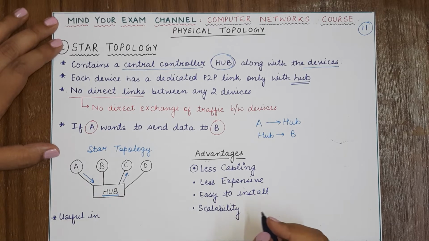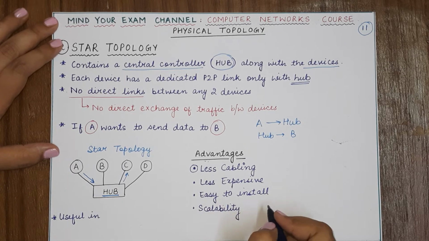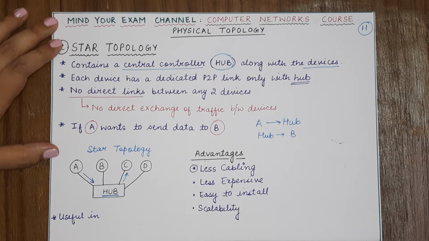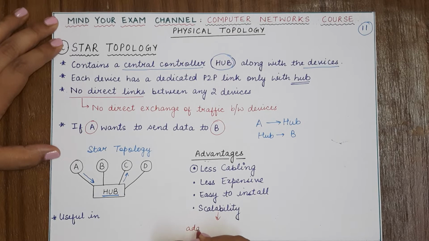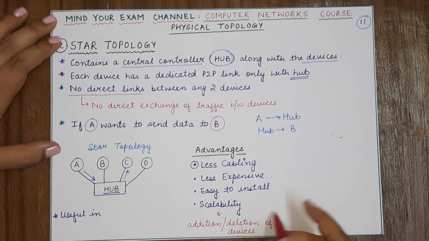Okay. Now, scalability is also a very important advantage here. And what do we mean by scalability? Scalability basically means that addition of a new device or even deletion of a device existing in the network is very easy.